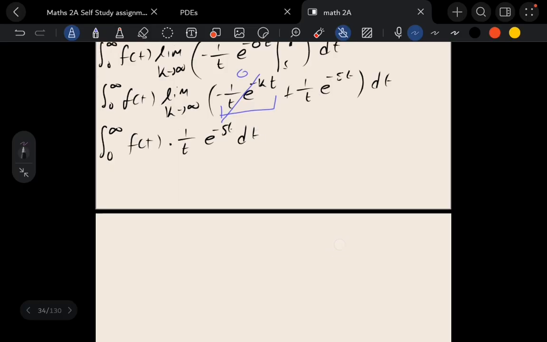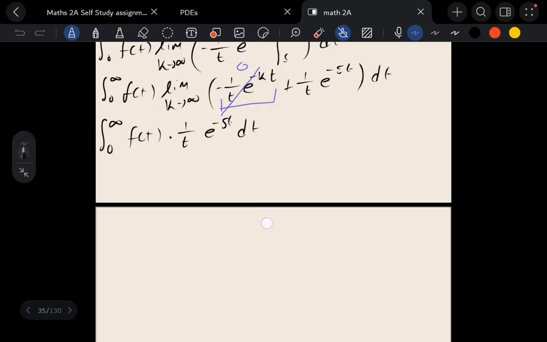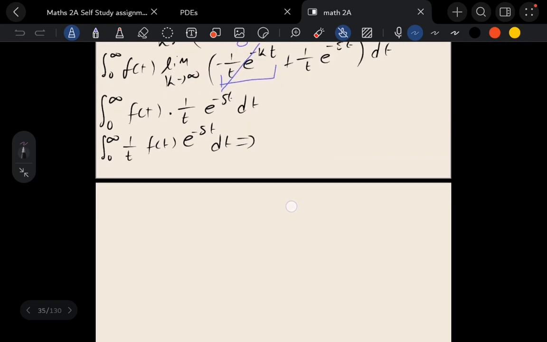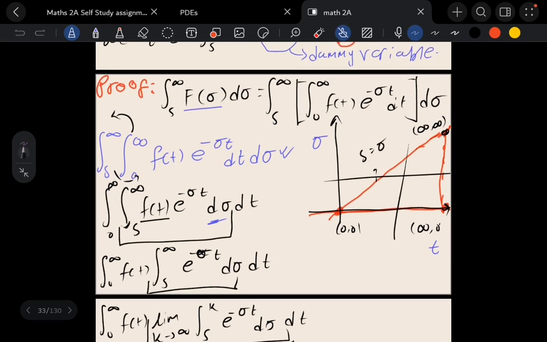What you can clearly see is that because we're integrating in terms of t here, it's an integral from 0 to infinity of 1 over t f of t e to the power negative st dt. This thing here is the same thing as the Laplace transform of f of t all divided by t. So this is just a proof regarding the first theorem.